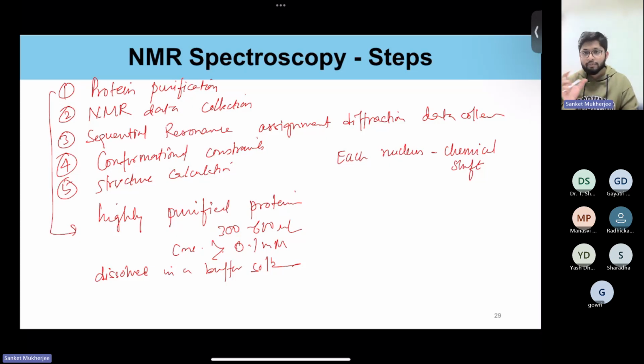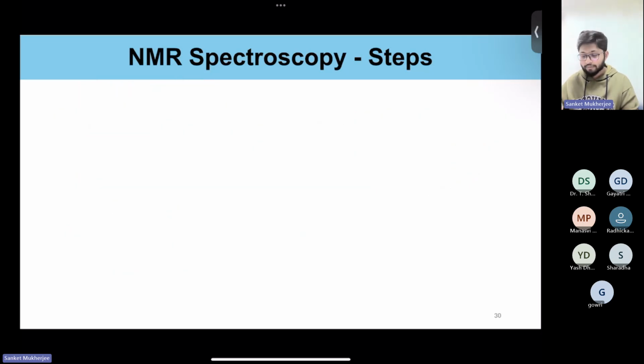This chemical shift can happen through chemical bonds or through the empty space between the nuclei that are present. So based on this, we can find out what the specific bonds are, what the structure is essentially. This is how we get the data points.